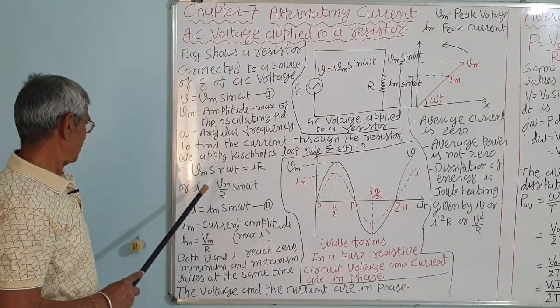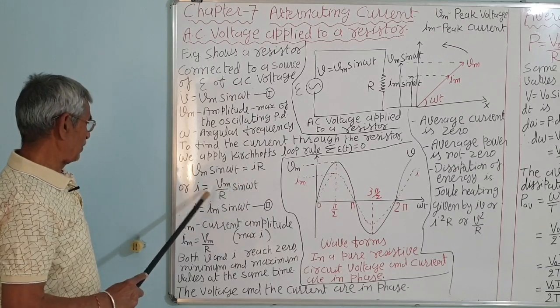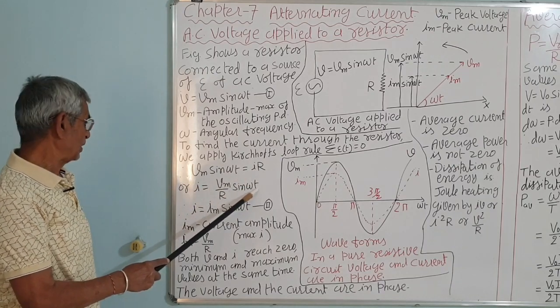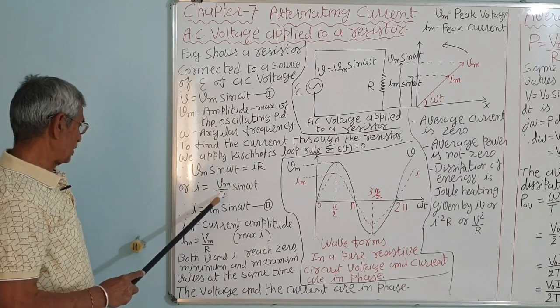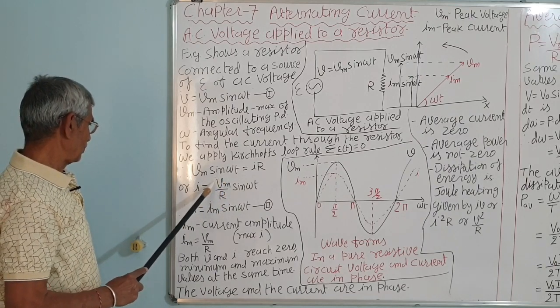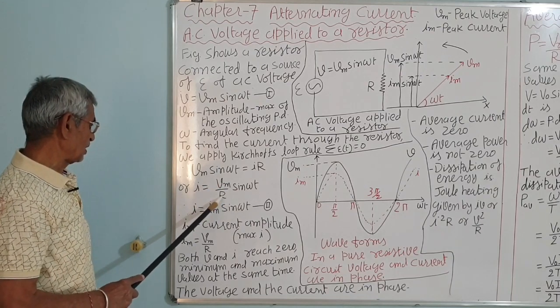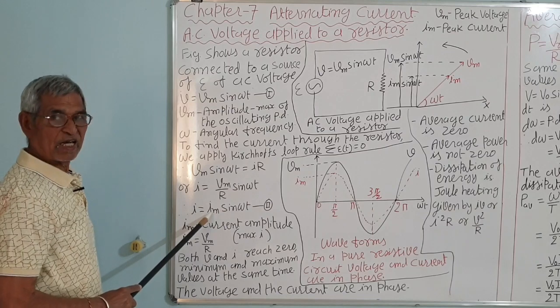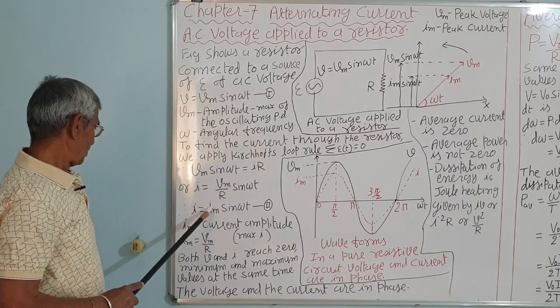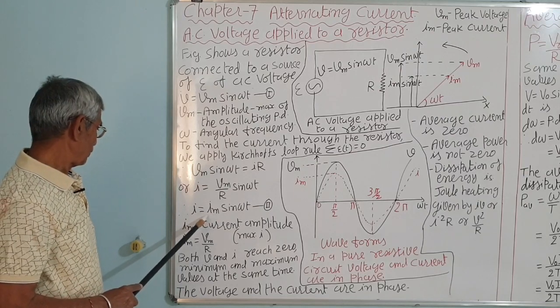So I is equal to Vm upon R sin omega t. Vm is the voltage and R is the resistance. So voltage upon resistance is the current, and this is the maximum current Im. In some books it is I0 also, so you should not be confused.